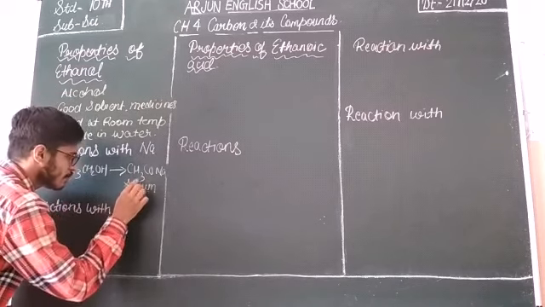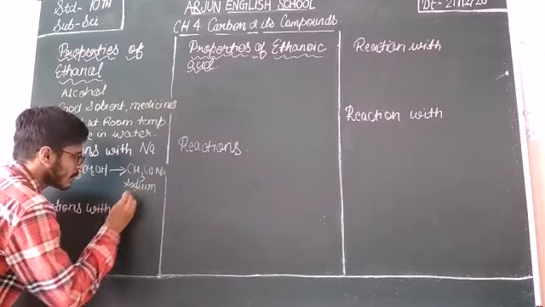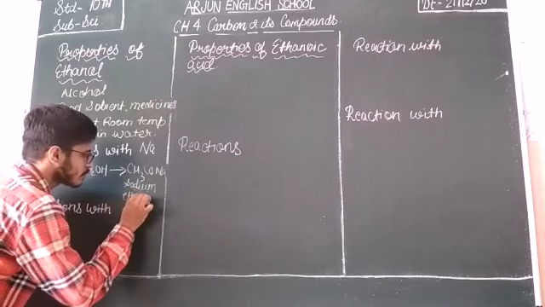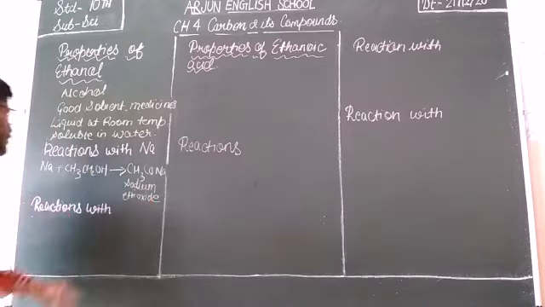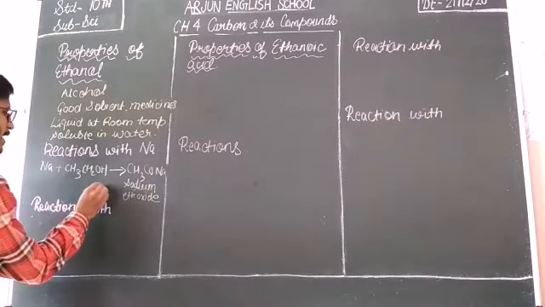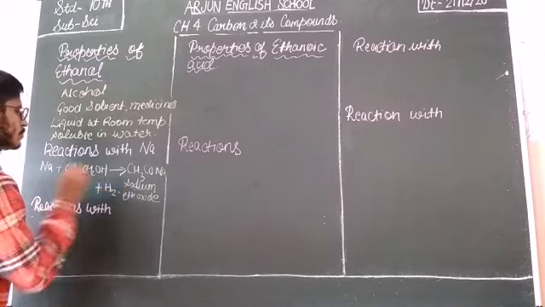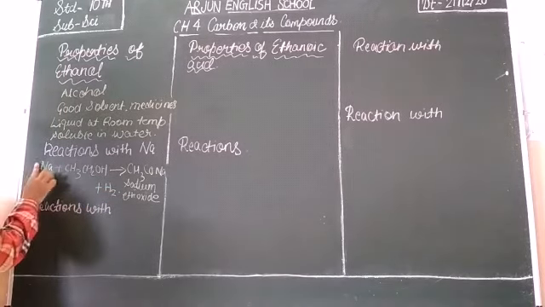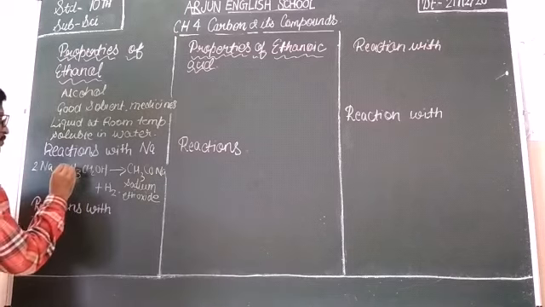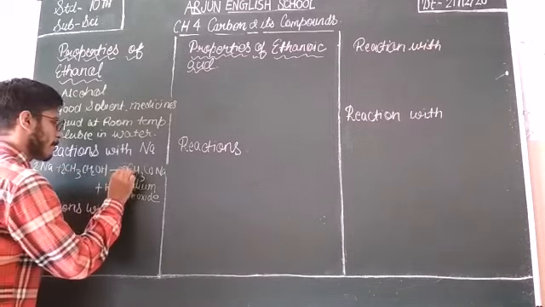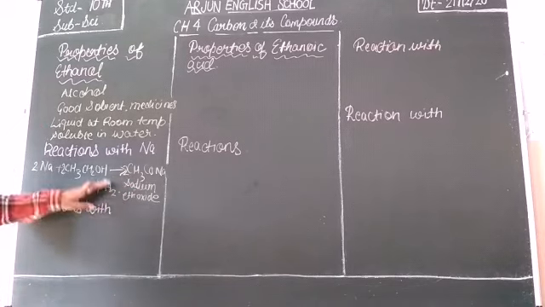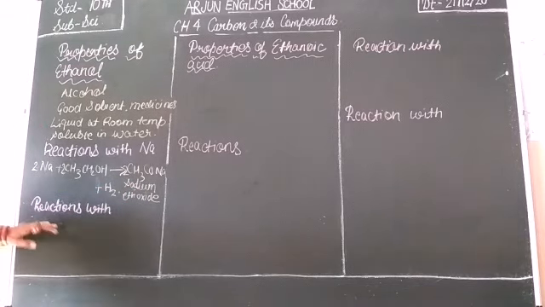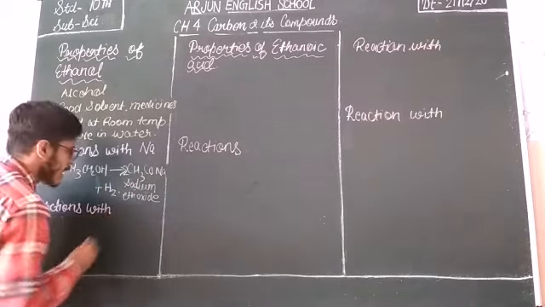It is sodium ethoxide. Sodium ethoxide plus H2. So this is the reaction with Na.